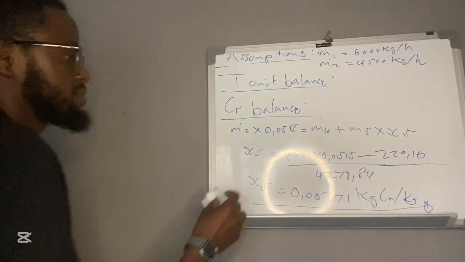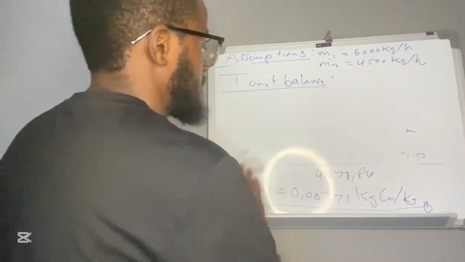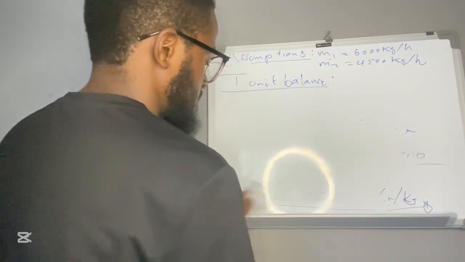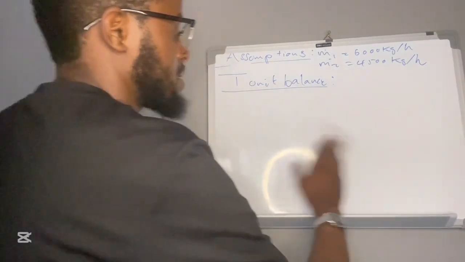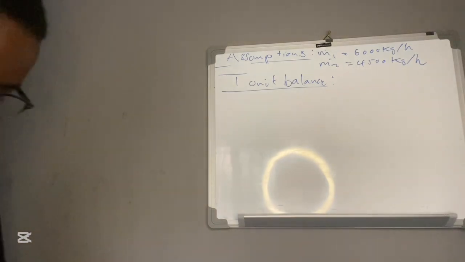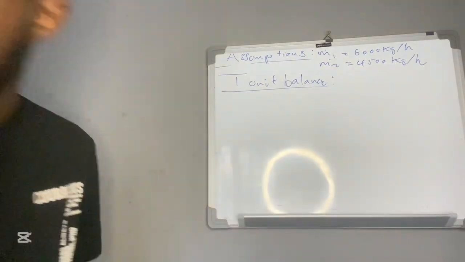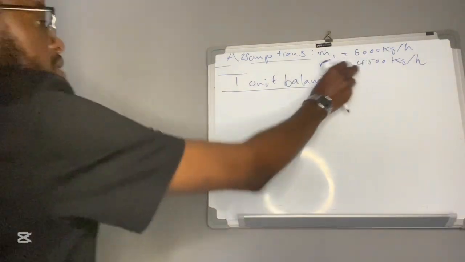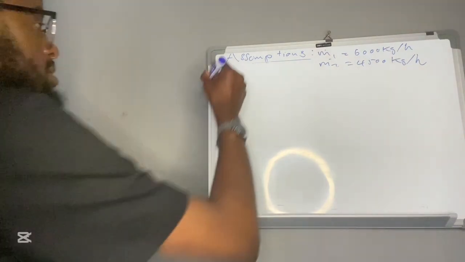So now we're done with the chromium balance, right? Now we're finding M6 to the lagoon. So what is your M6? We're going to say mixer balance.